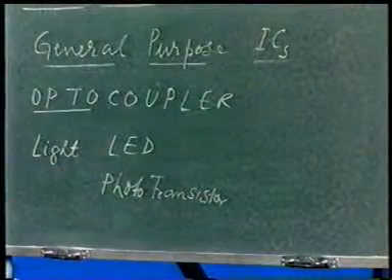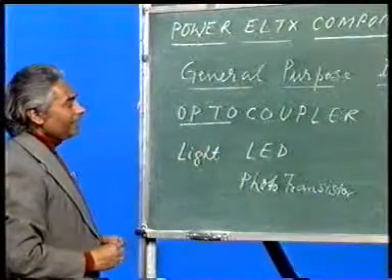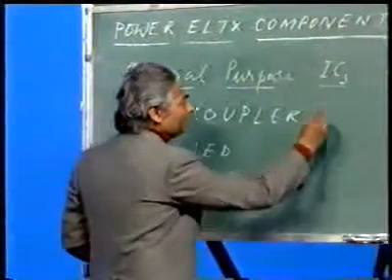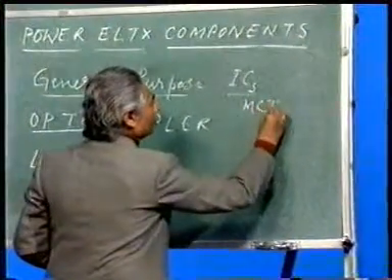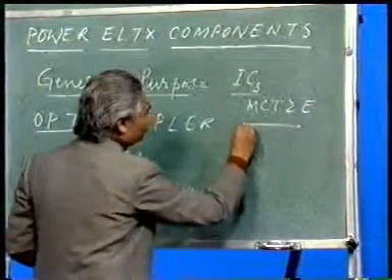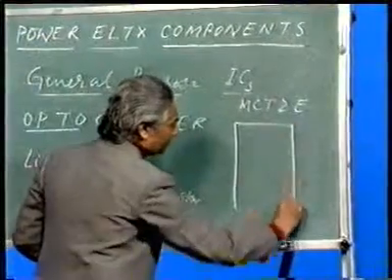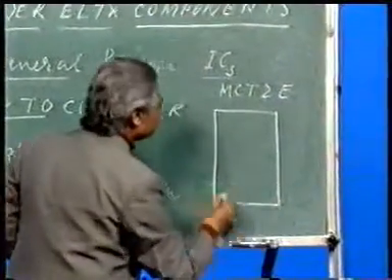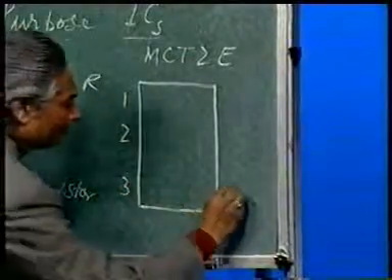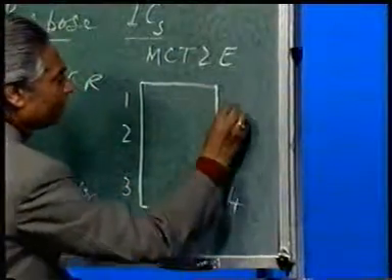These 2 are inbuilt in this device, and the most commonly found optocoupler in the market is MCT2E, which is a 6-pin IC, as I have shown you. The configuration is like this. Suppose 1, 2, 3, 4, 5, 6.